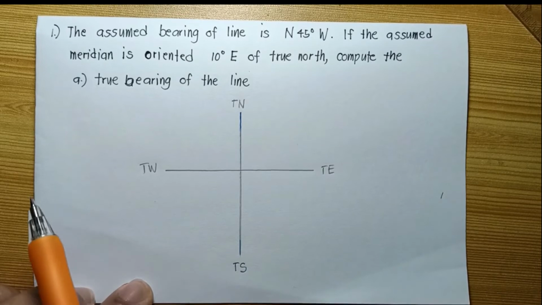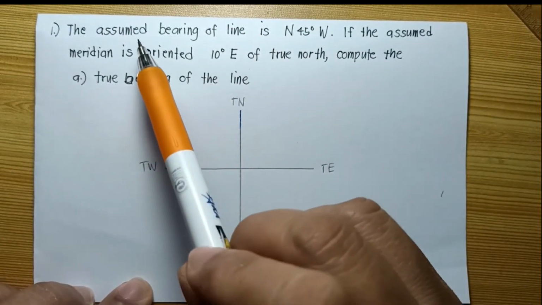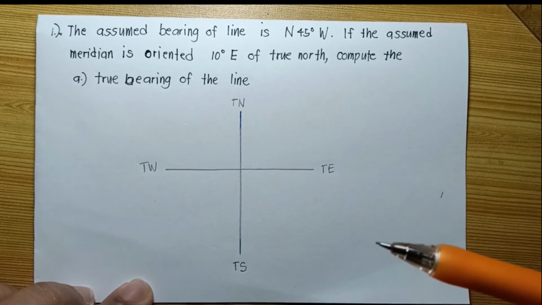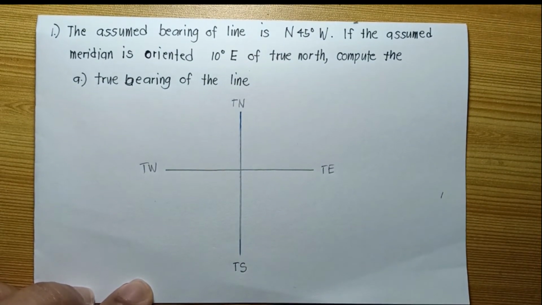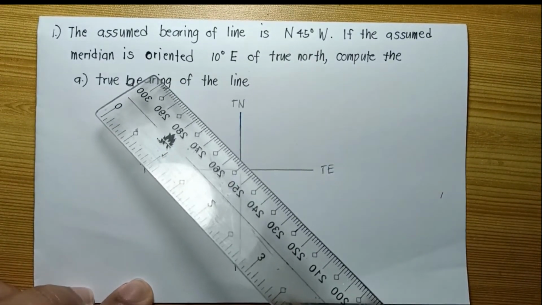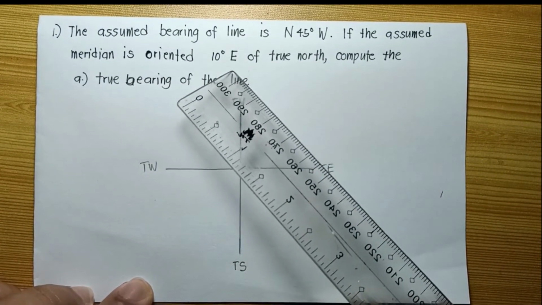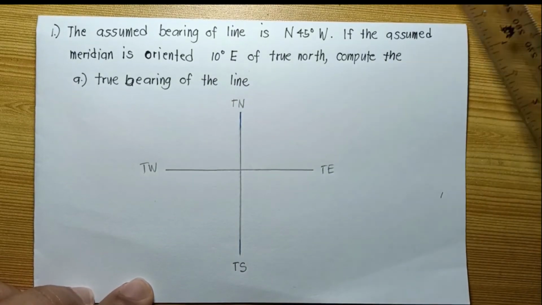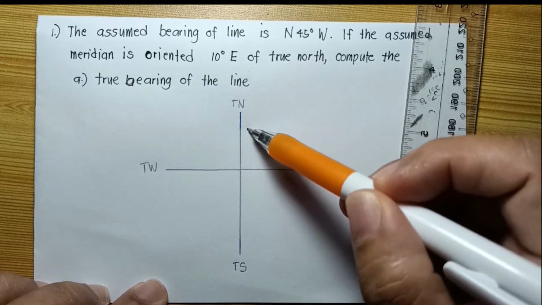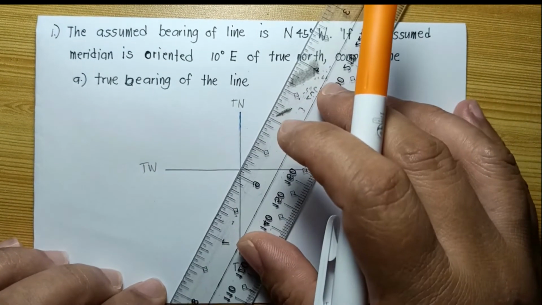Here we are given the assumed meridian, so we are going to plot it. Where is the assumed meridian? It is stated here that it is oriented 10 degrees east of the true north. So it is around 10 degrees here, somewhere here.